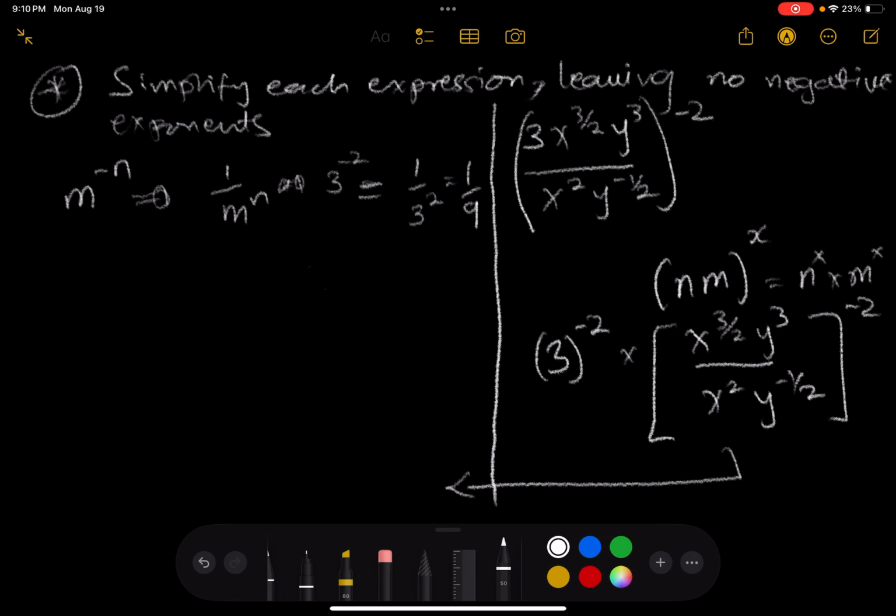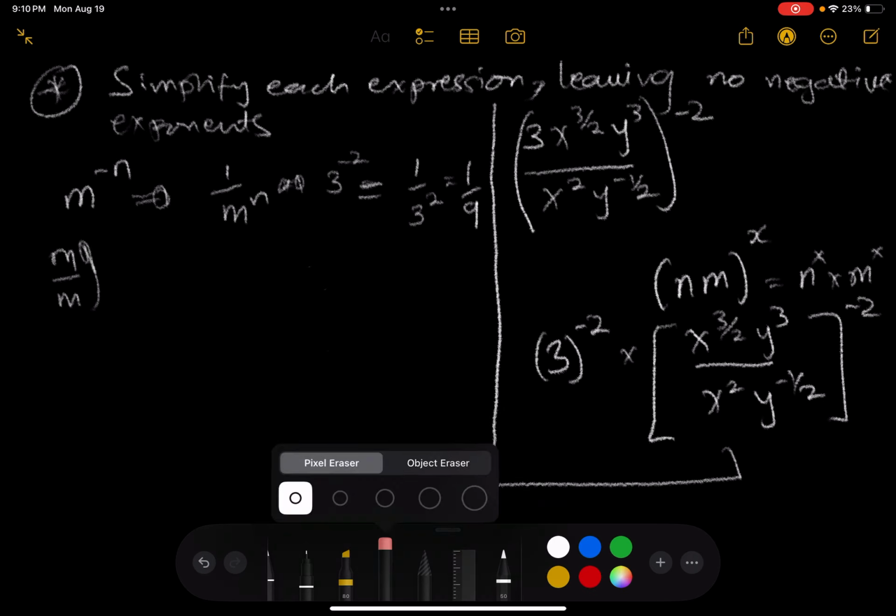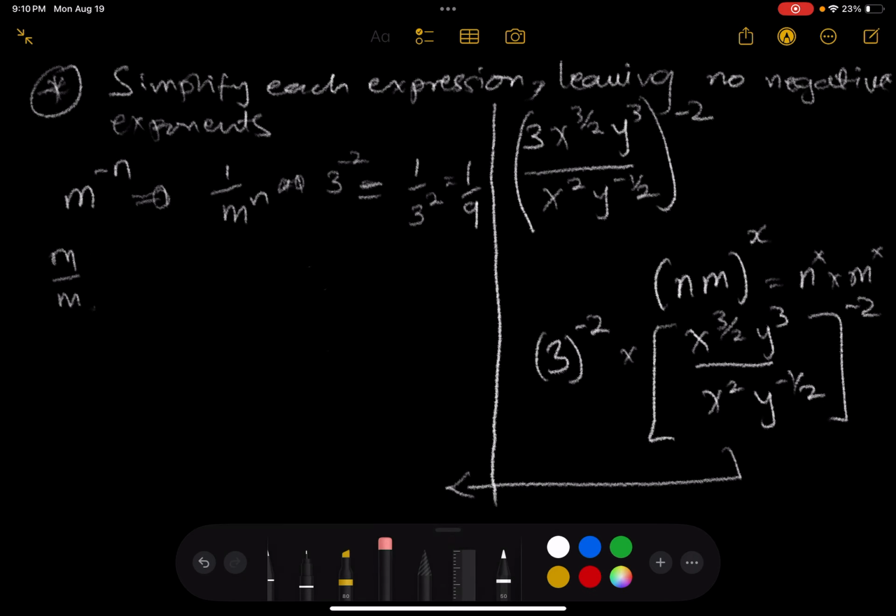So remember how we said that if you divide something, say m to the power of n over m to the power of k, right? Remember that? This is the same thing as saying m to the power of n minus k. So that's what we see right here, right?